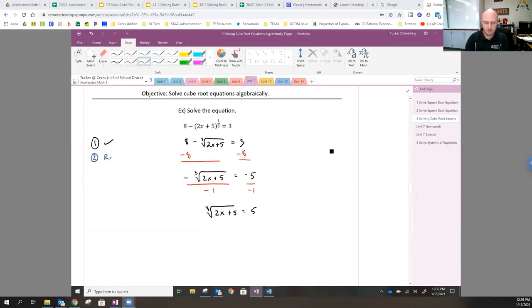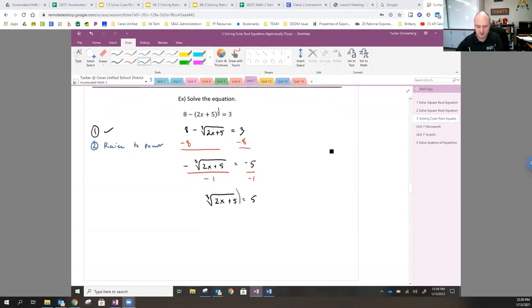So step 1, my radical is isolated. Step 2, raise to the power. So I'll cube both sides. Cube. Cube. So we get 2x plus 5 is equal to 5 cubed. 5 times 5, 25. 25 times 5, 125.